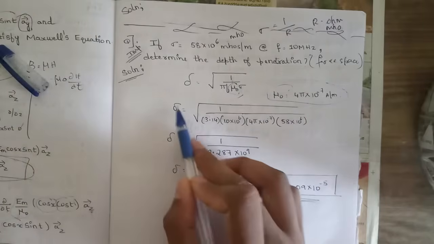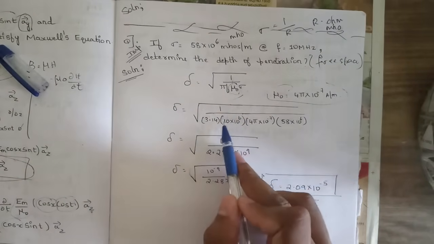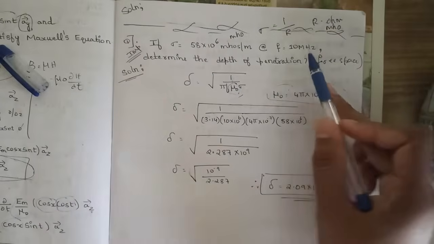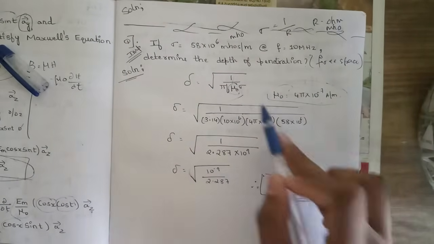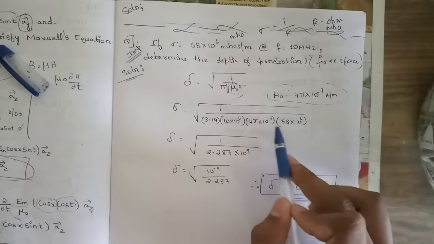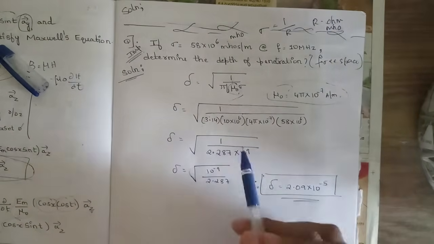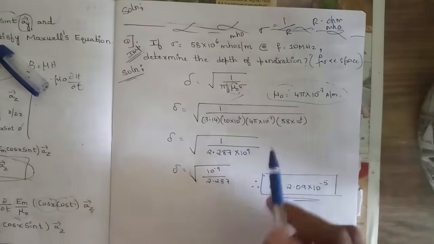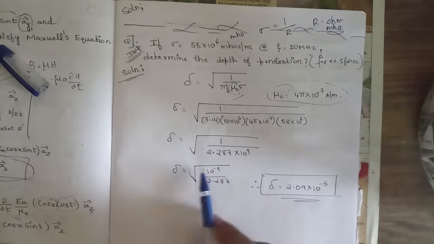So substitute the values: δ = square root of 1/(π, whose standard value is 3.14, × frequency 10 megahertz, mega meaning 10^6, so 10 × 10^6, × μ0 value 4π × 10^-7 × 58 × 10^6). If we simplify this in the calculator, we get the square root of 1/(2.287 × 10^9).